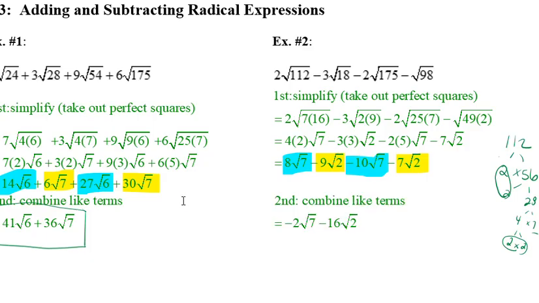And negative 9 and negative 7 is going to give us negative 16 root 2. So again, there's our final answer. So there's our two examples, adding and subtracting, and we'll stop there.